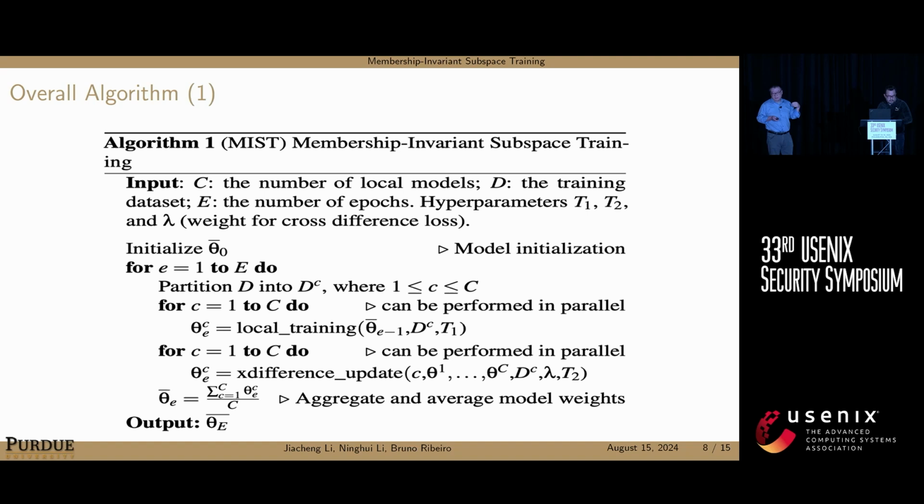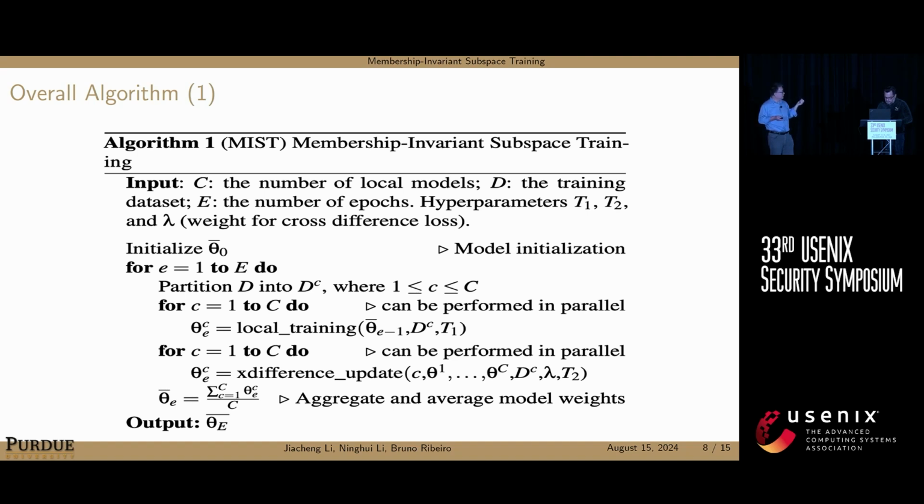So this is documenting the algorithm. Just to make it clear, the training data is divided into capital C partitions. On each iteration, we first train on each of the subsets, doing the standard couple of epochs of SGD training.